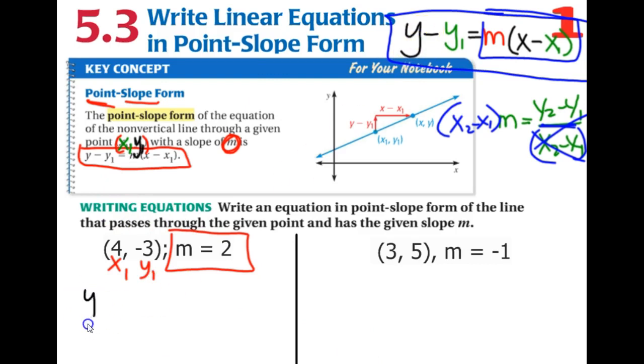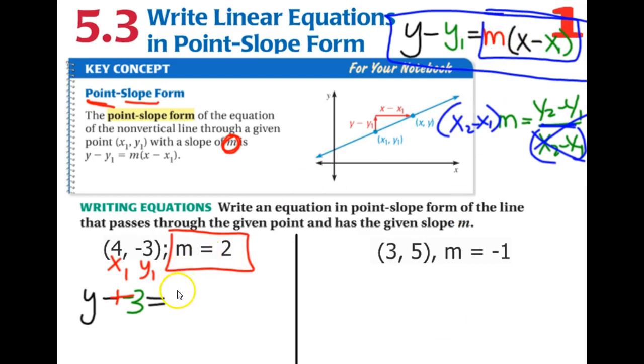It says the letter y, so literally write the letter y, minus, from the equation, y1. And y1 right here is negative 3. Those two negatives we know make a positive. Then it says equals, and then right here our slope, or our m, let me get this out of the way so we can see our equation. You can also look at this one over here.